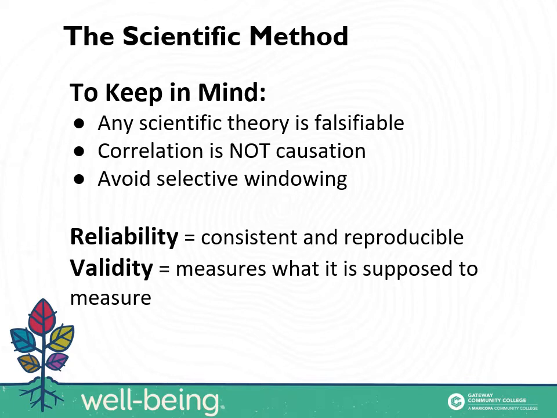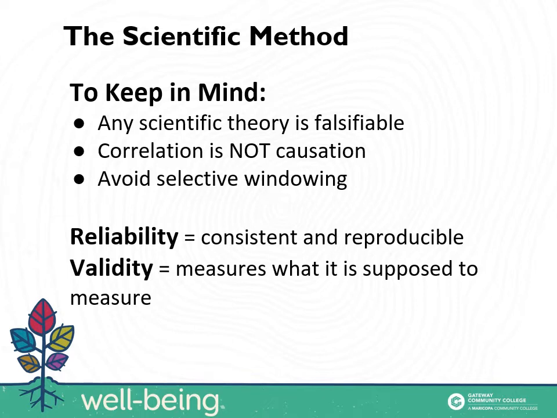And one more thing to keep in mind as you're interpreting your data is to avoid selective windowing. You can make your data set smaller to look only at a certain set that supports your hypothesis. You want to be careful not to do that, but to be really objective about it.